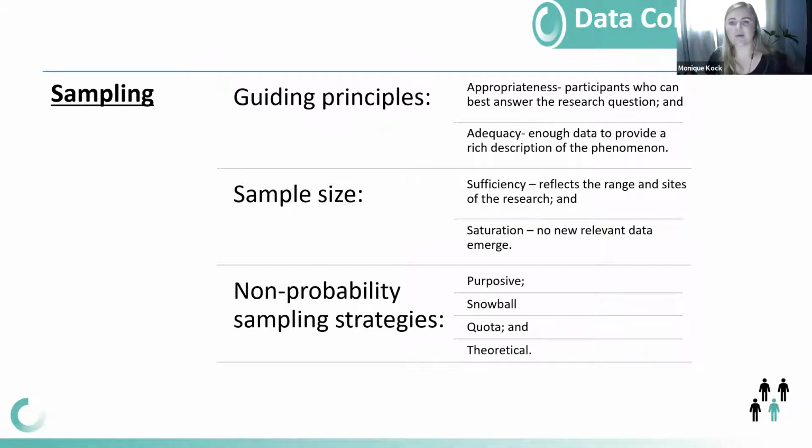So there are some guiding principles that we can look at. One is appropriateness. You would need to look at whether the participants that you are sampling are appropriate to the research question.